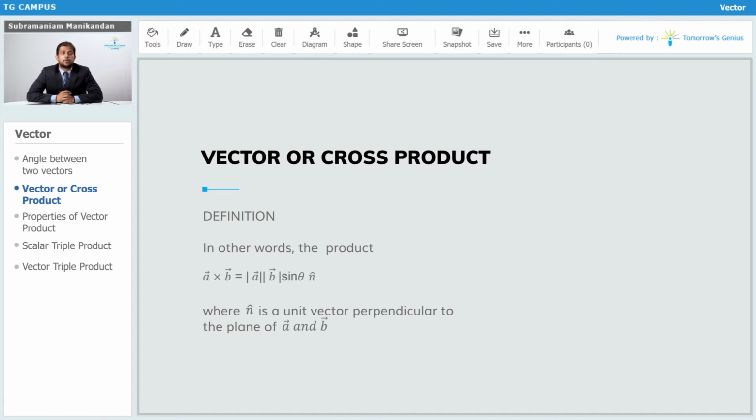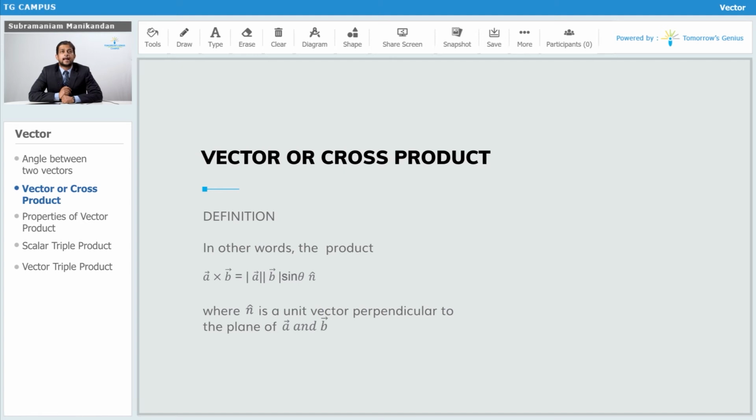Sine of the angle theta between them is also a scalar quantity. So therefore, since we mentioned that vector product of two vectors is also a vector quantity, the right hand side has to have a vector quantity to make it a vector quantity. So therefore, n cap is multiplied by all those scalars to make the right hand side a vector quantity, just like the left hand side.